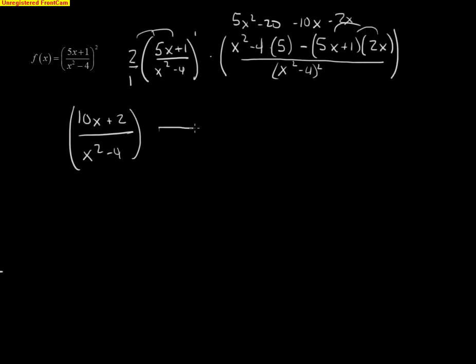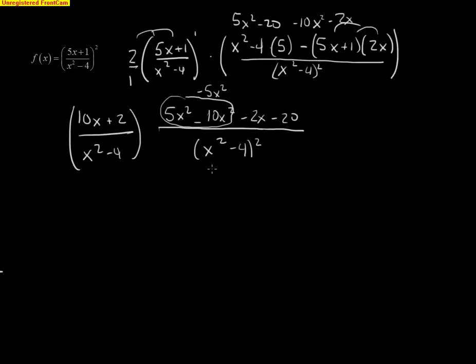So in the numerator, you're going to have 5x squared minus 10x squared minus 2x and then minus 20. So we still got to combine these to be a negative 5x squared. And on the bottom here, we're going to have x squared minus 4 squared.